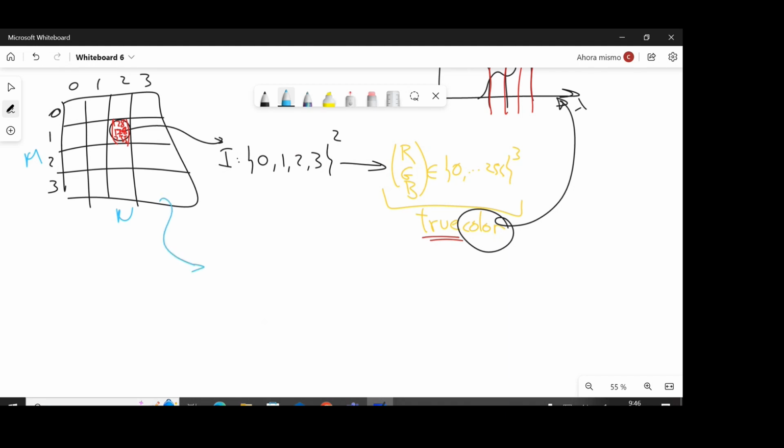How many pixels do I have? n times n, right? How many numbers do I need for each one? I will need this multiplied by 3. Now, this is very inconvenient. This is a lot. So let's say I have 1,000 times 1,000, so a million pixels. I would need 3 million numbers to represent that image. Those are a lot of numbers.